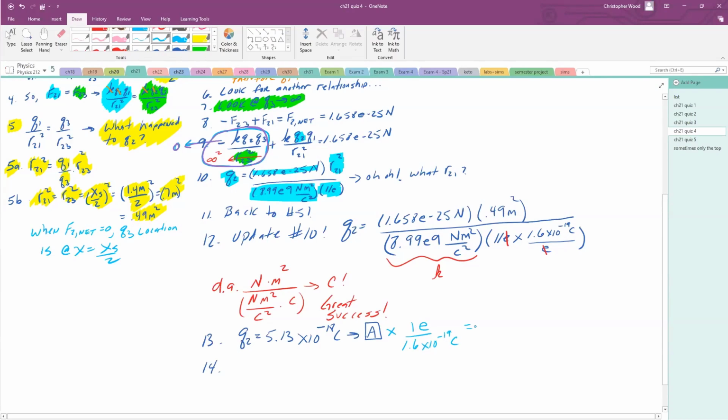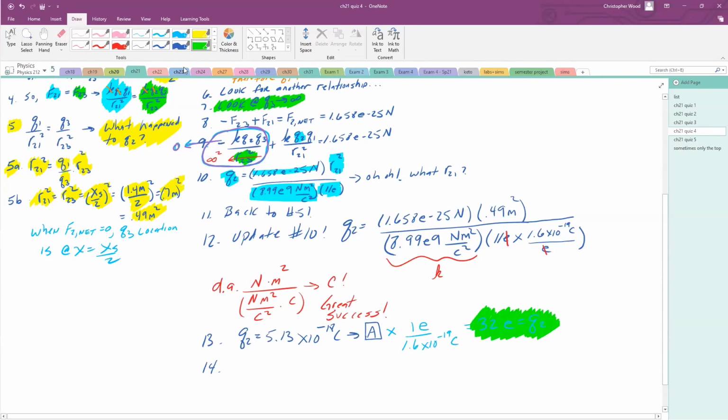So I'm going to take that answer and divide by 1.6 times 10 to the minus 19th. I need to divide it by 1.6 E minus 19. So I think when the smoke settles, the value of my charge Q2 is 32 fundamental charge units.